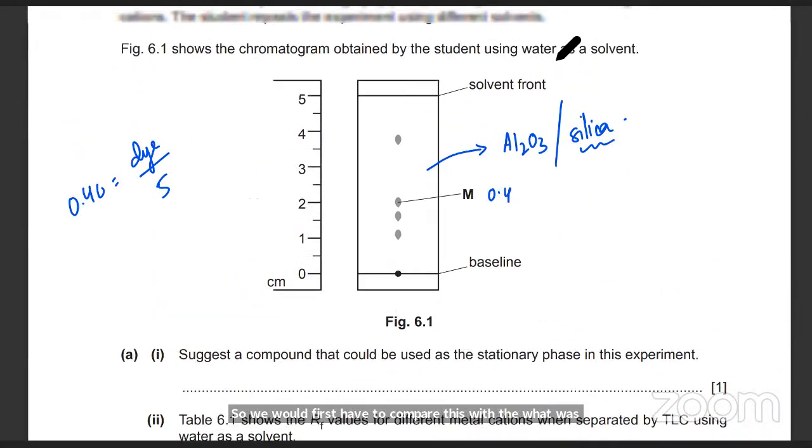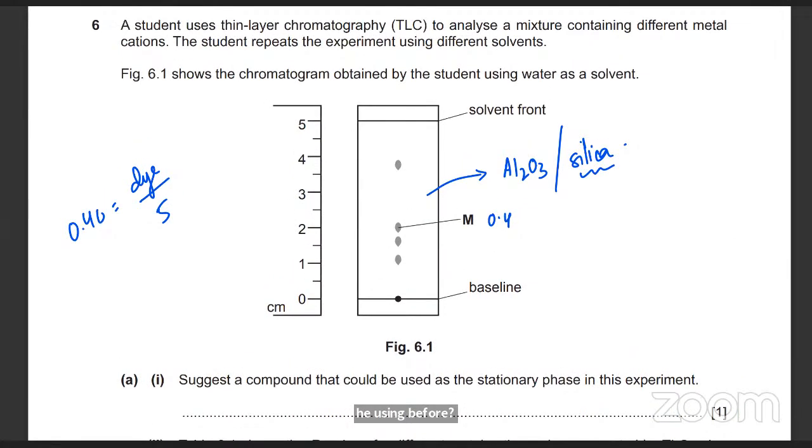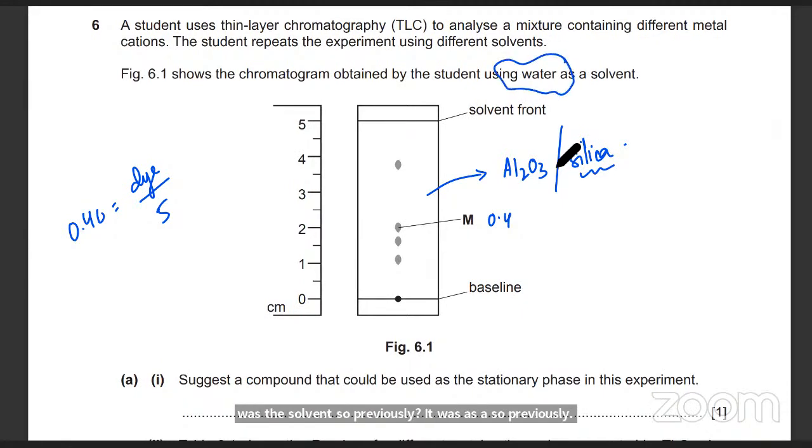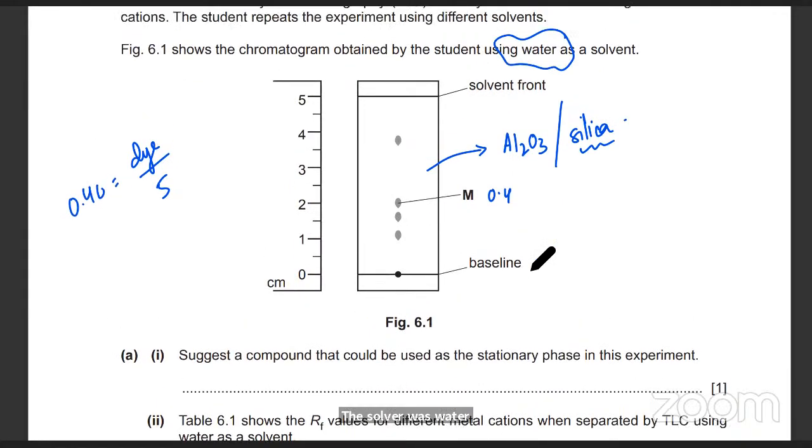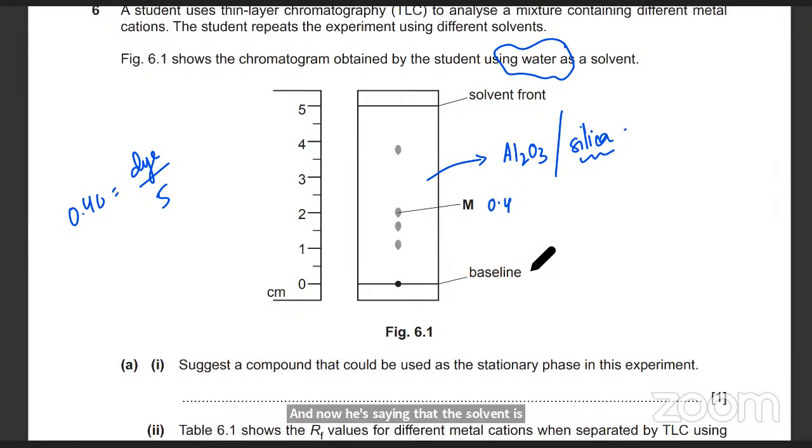What was the solvent? Previously the solvent was water, and now he's saying that the solvent is butane-1-ol. So previously the solvent that was moving upwards was water.